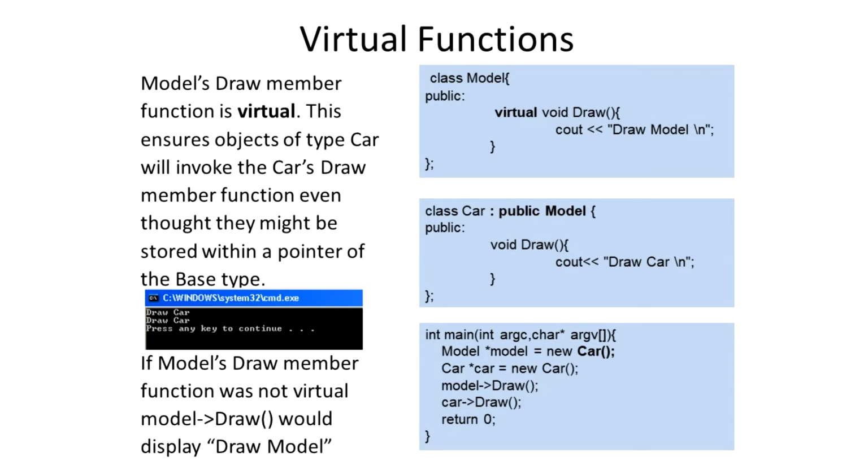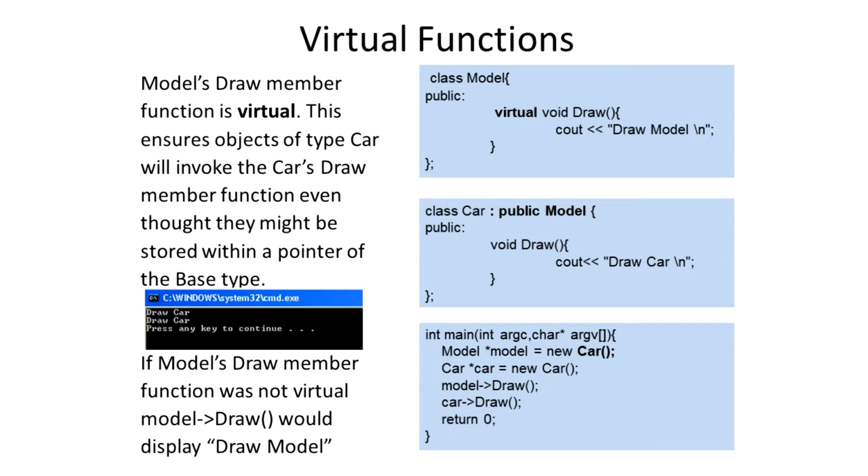But now, if we have a look at this example, notice how we've actually amended the draw function in the parent. Notice there we've added the keyword virtual in front of the return type. And if we go down to the main function now, notice that in the first line, we've actually created a pointer of parent type.